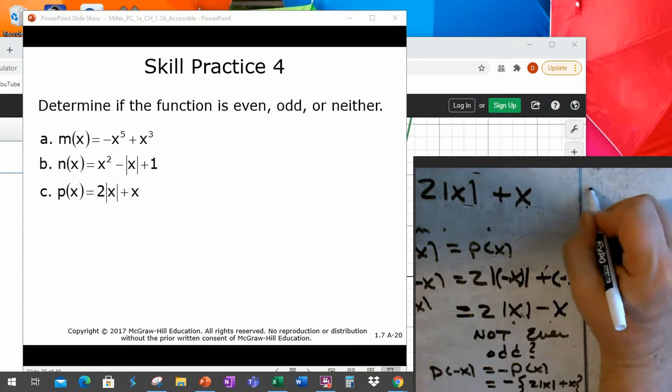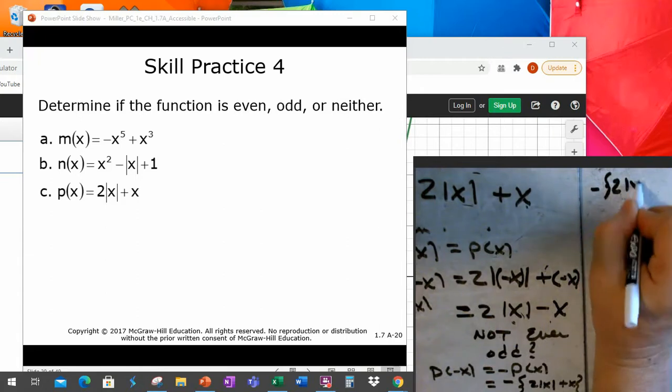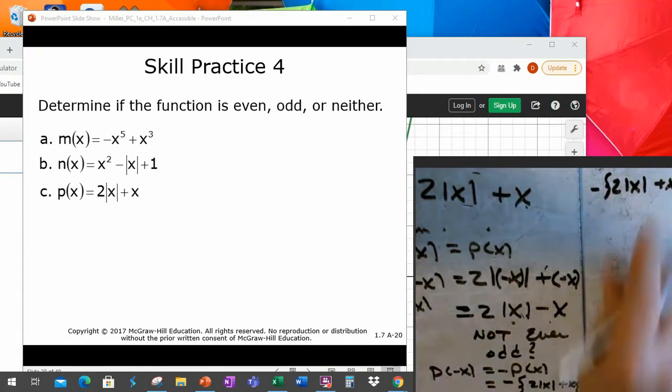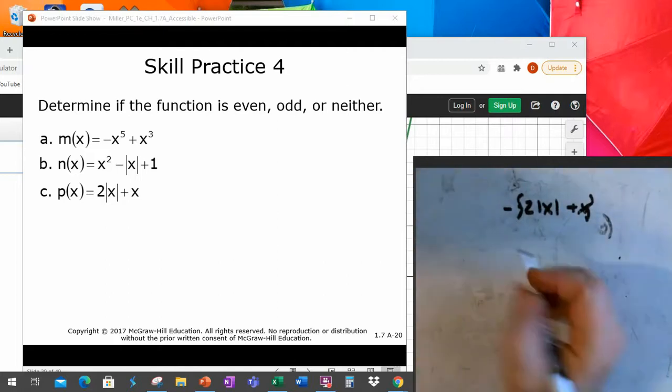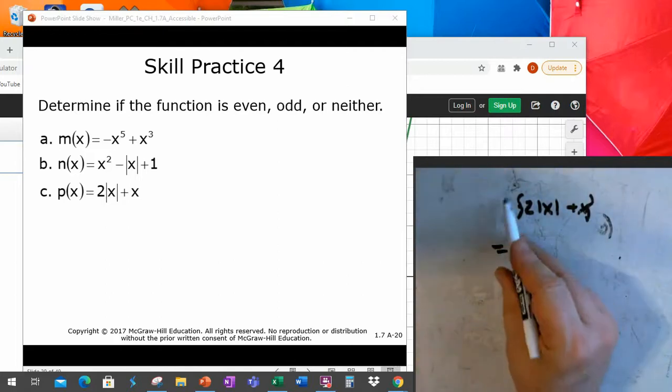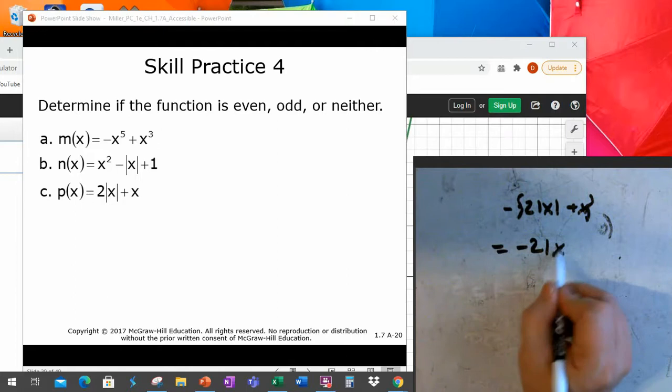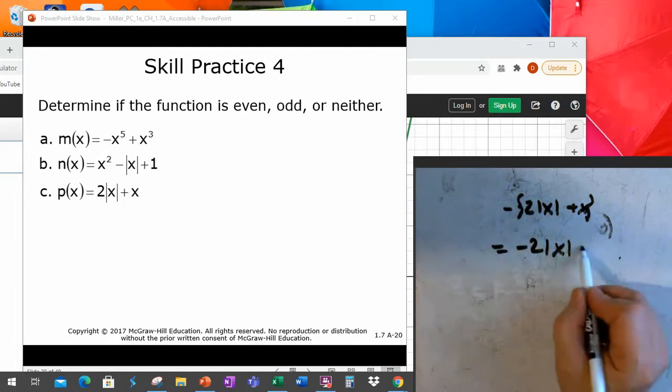So the negative of 2 absolute value of x plus x is equal to, distributing, minus 2 absolute value of x minus x.